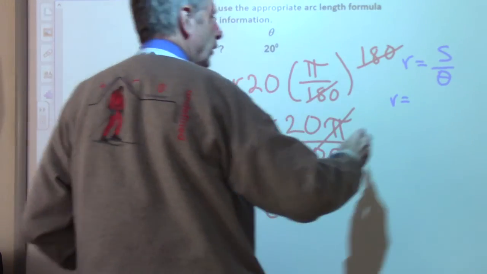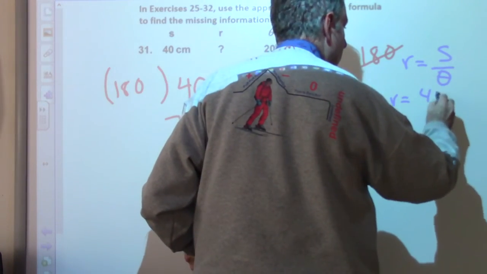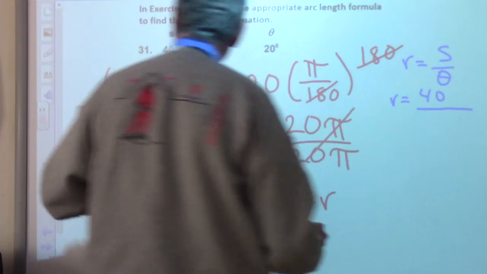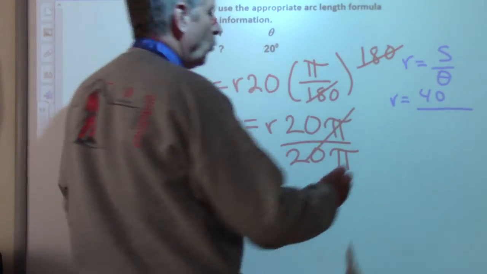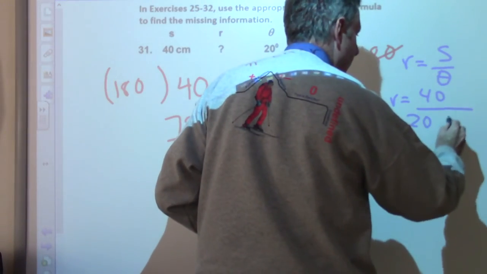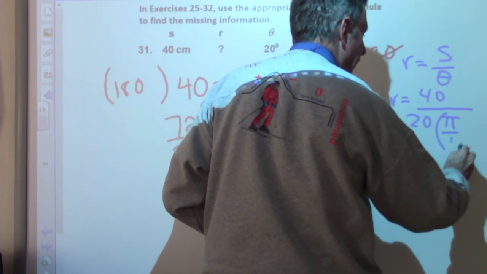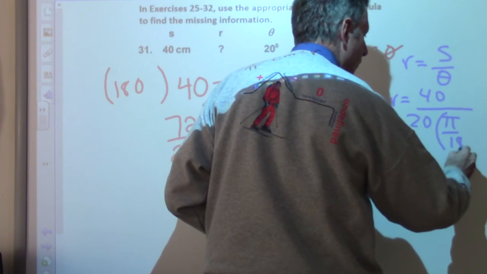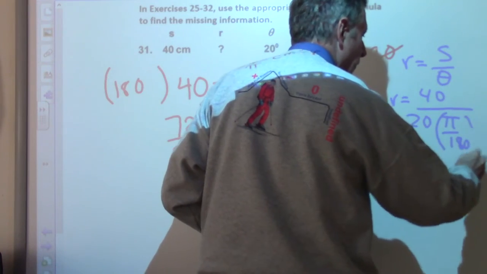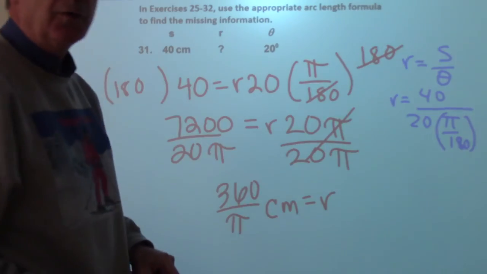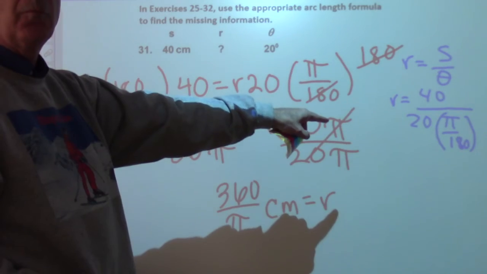So here we have 40 divided by theta, and theta we get is 20, and since that's degrees, we're going to multiply that by pi over 180. Are we good up till now? Yes. Okay.